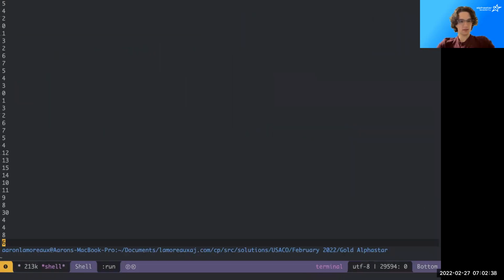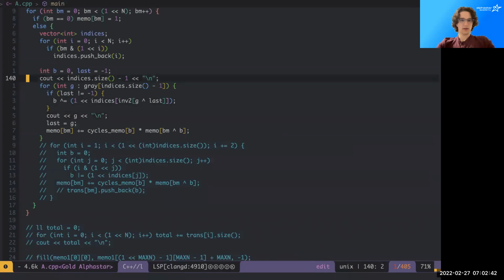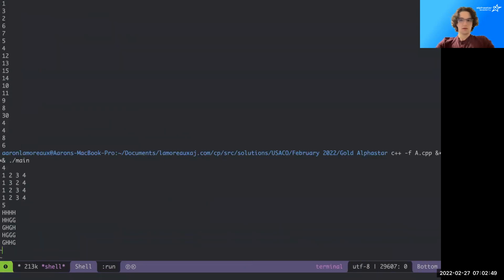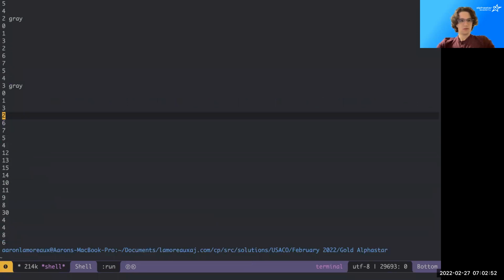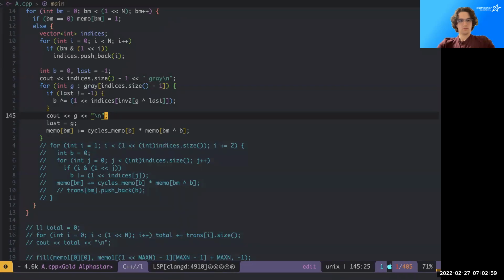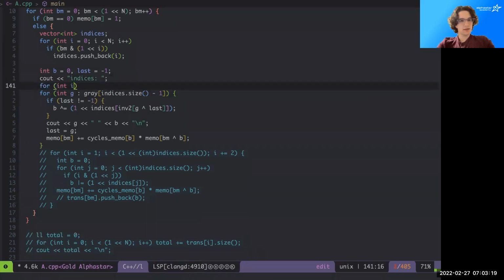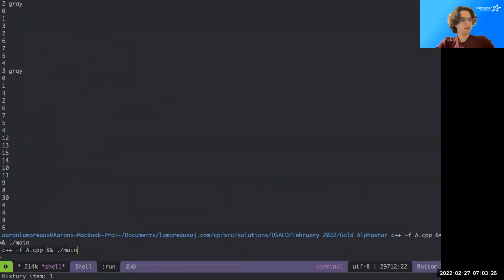We have 36 minutes to go. Okay. What indices... more debugging prints to make this a little easier.